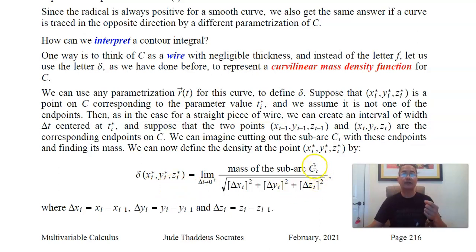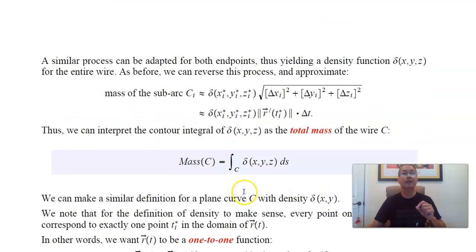Okay? So of course, this goes backwards. If you want the mass of that piece of wire, that subarc, you can take the density multiplied by the length of that subarc. Okay? So here is our formula. Okay, the mass is the density times the length. Oh, but wait a minute, isn't that the magnitude of Ri prime at Ti star? Okay, so therefore, the contour integral of our density function along C gives us the mass of that wire.